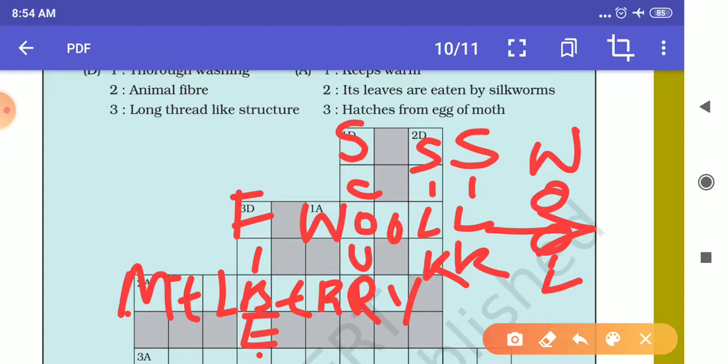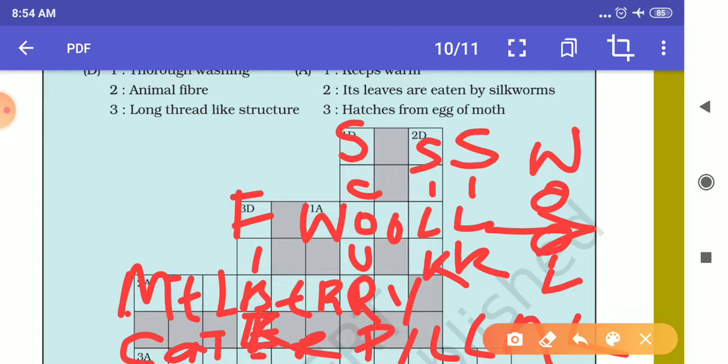What comes out? Caterpillar. Therefore you have to go for CATER, cater. PILLAR, caterpillar.